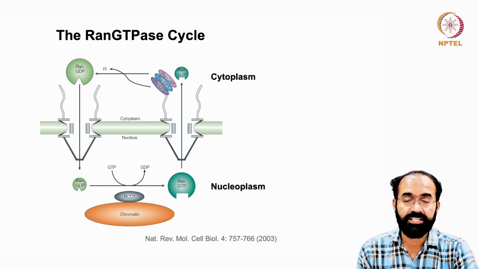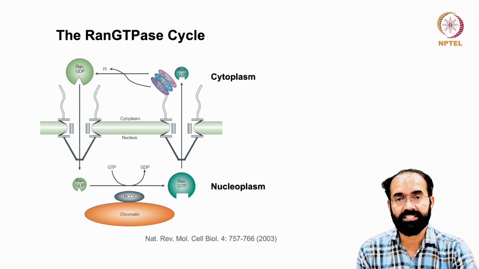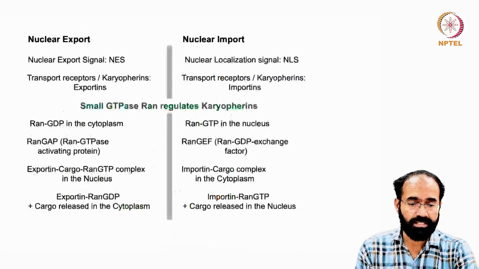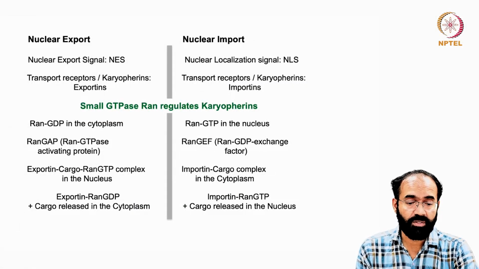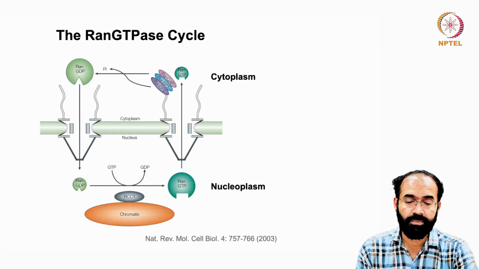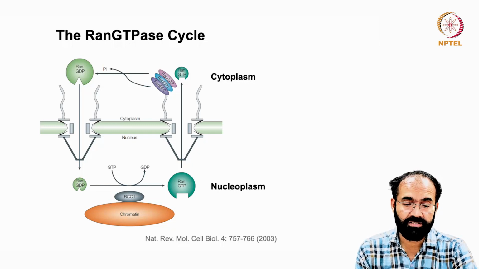So again, the GTP donates its phosphate group to the GDP and becomes Ran GTP, and you have a higher concentration of Ran GTP, and this will be utilized for the nuclear export. We saw it in the previous slide. Here, see, you have the Ran GTP export in cargo complex, that is in the nucleus. So that will effectively be formed, and that will be pushed along with the cargo into the cytoplasm.